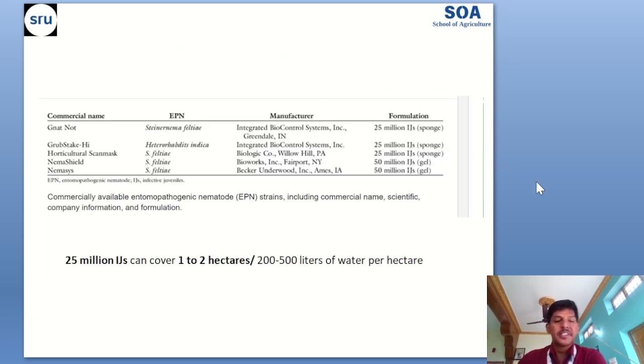See here the commercial formulations given, such as Nemasys and others, and their doses per hectare. 25 million infective juveniles can cover 1 to 2 hectares, or we have to mix them in 200 to 500 liters of water to spray 1 hectare area.